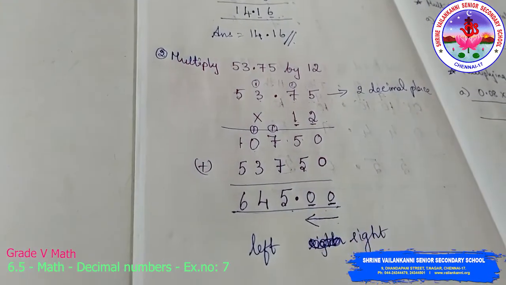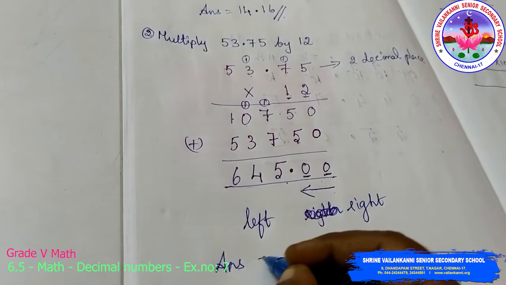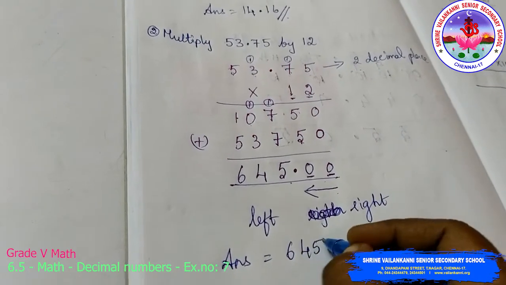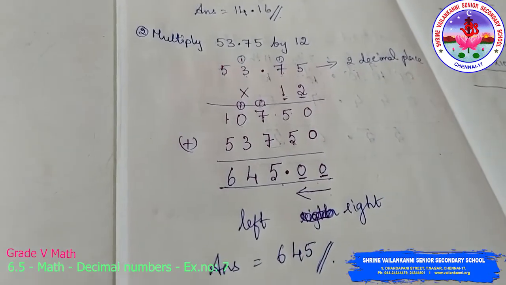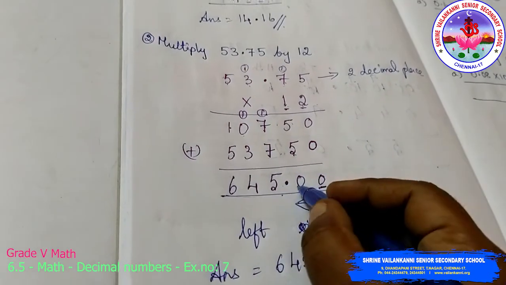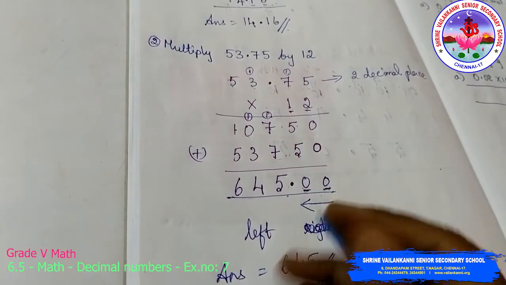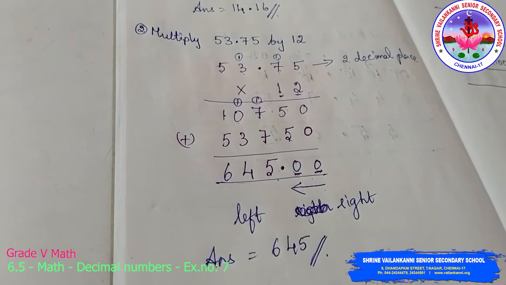Decimal. So now the answer is 645. Since after the decimal both places are 0, we don't want to consider that 0.